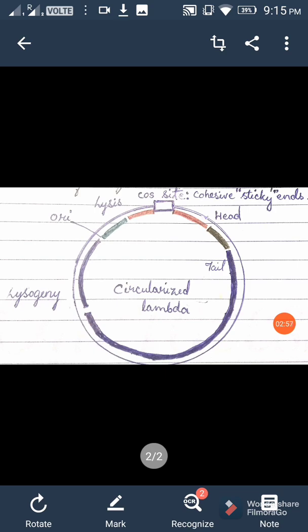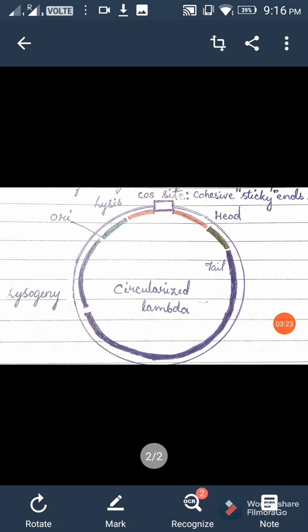Why always lytic? Because if you remove this gene for lysogeny, then when the virus infects the bacteria, it will not have the lysogenic life cycle anymore, because we have removed it. So we can insert our DNA of interest, and thus only the lytic cycle will happen.